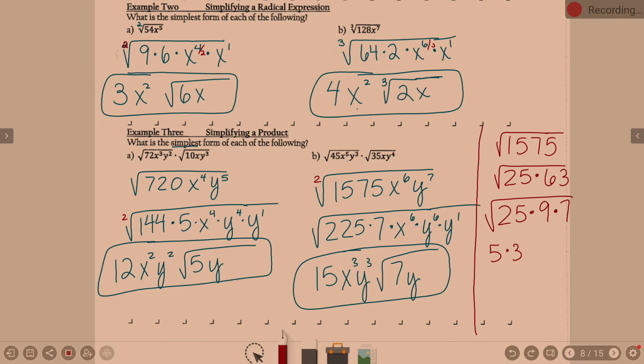Square root of 7 is still square root of 7. And what's 5 times 3 here? 15 square root of 7. Did I still get the same numbers? Yeah, I just dropped out the x's and y's because I didn't need to redo them. So my point is, if you don't grab the biggest number, that's fine. Just know that you have to look for other perfect squares along the way.